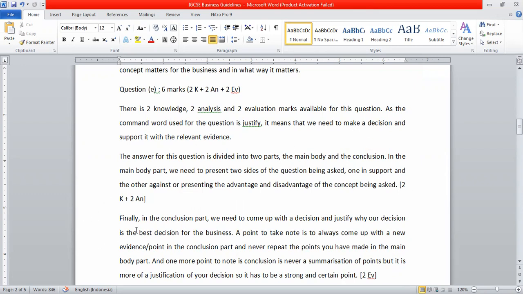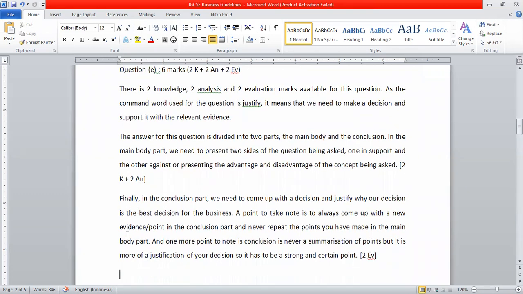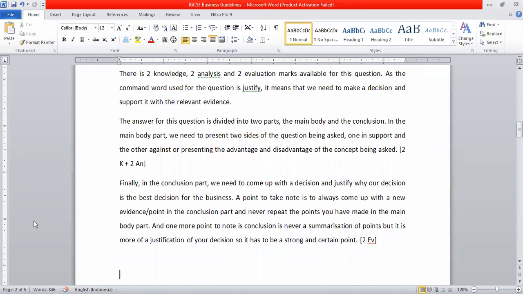Now in the final paragraph, which is the conclusion, we need to come up with a decision and justify why our decision is the best decision for the business. Remember, you have to come up with a decision.